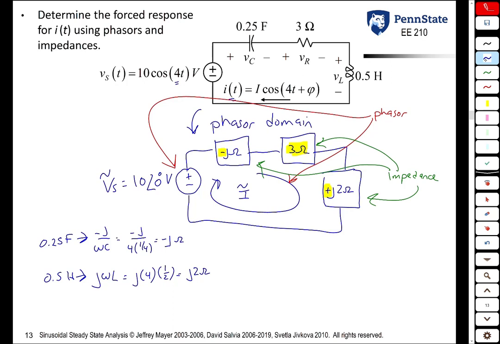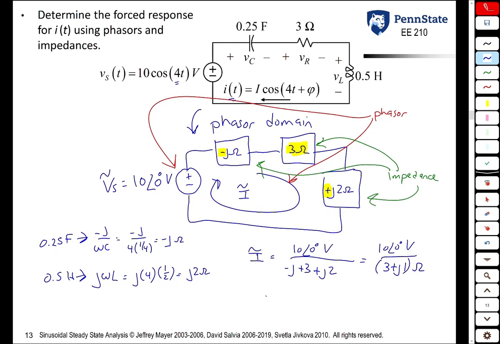Anyway, think of this now as a DC circuit. You have a voltage source, you have 3 resistors, so the current I is just the voltage divided by the sum of the resistances, minus j plus 3 plus j2. Work that out. It's 10 at an angle of 0 volts over 3 plus j1 ohms.